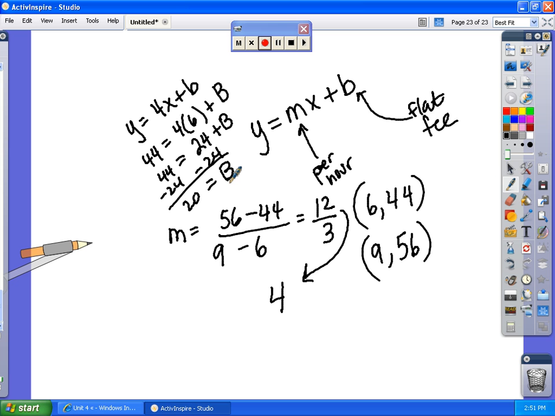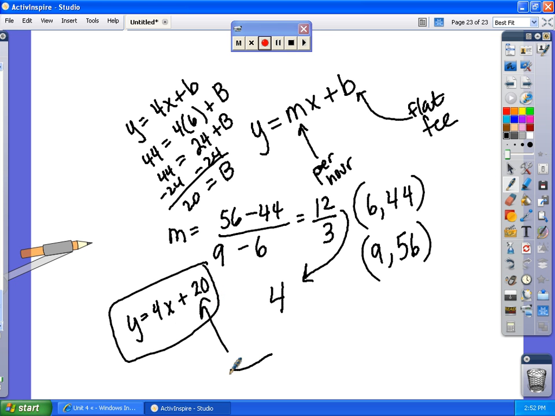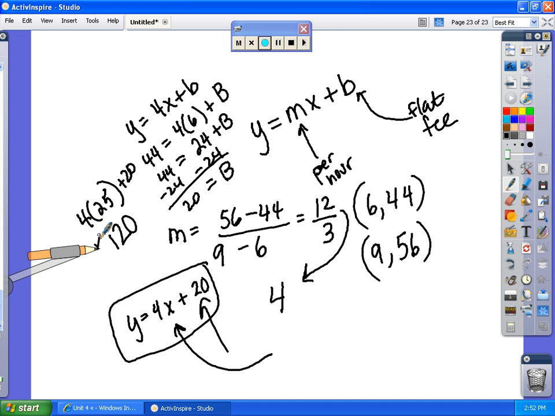So now I know my equation, which would be y equals 4x plus 20. And now I know that the flat fee this online service charges is $20. And how much will she pay if she uses the service 25 hours? I'm going to still use my equation, but now it's 4 times the hours, 25, plus 20, which is $120.